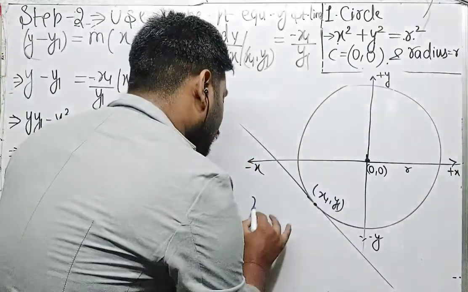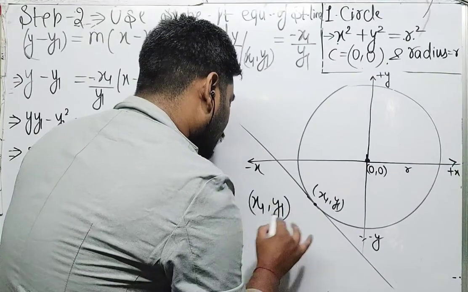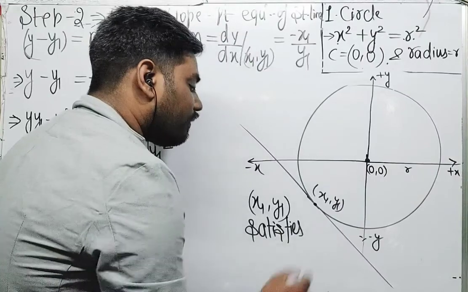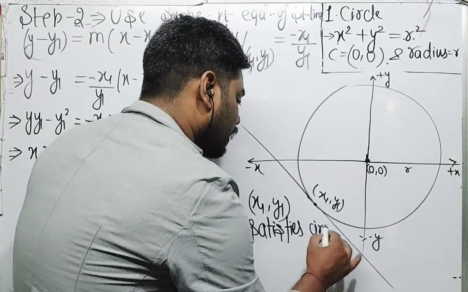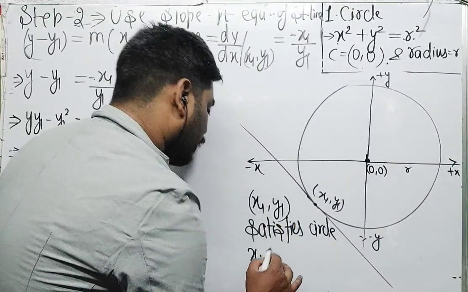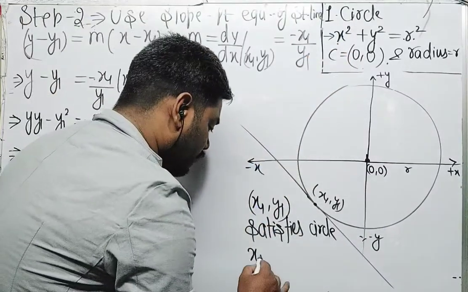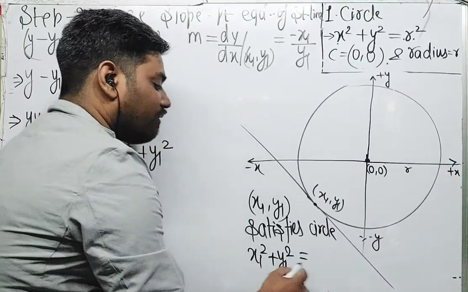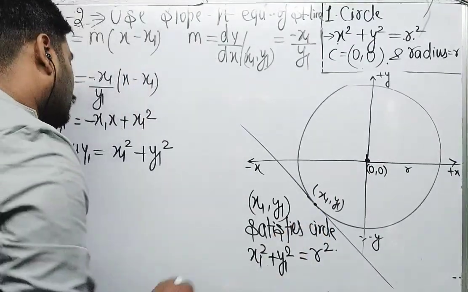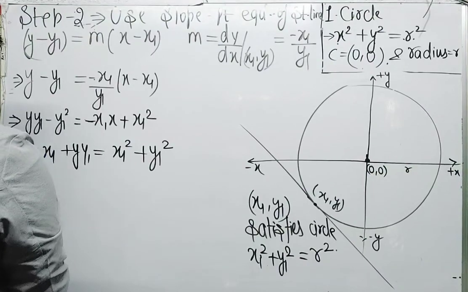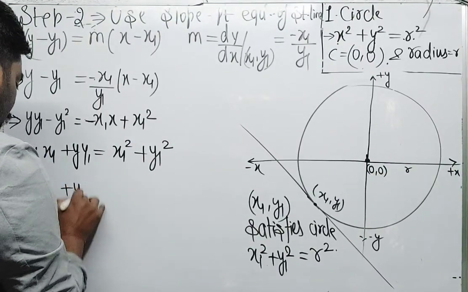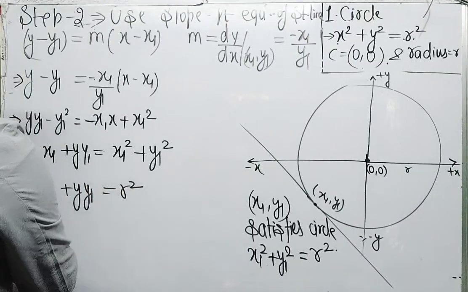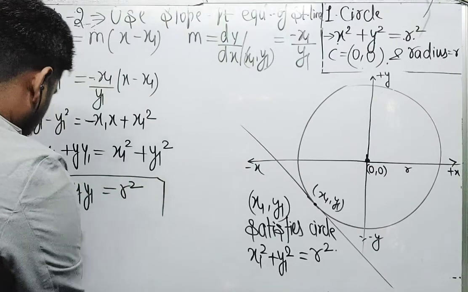So x1 comma y1 satisfies the equation of the circle. Just put x replaced by x1, so x1 square, and y replaced by y1, so y1 square is equal to r square. So we have the equation x1 x plus y1 y is equal to r square, which is the required equation.